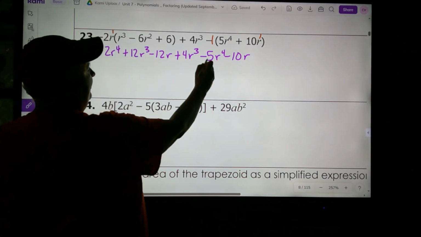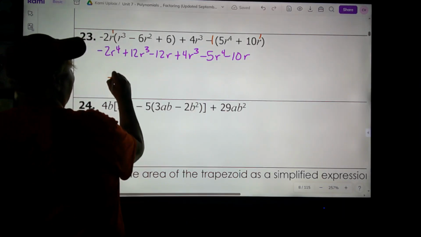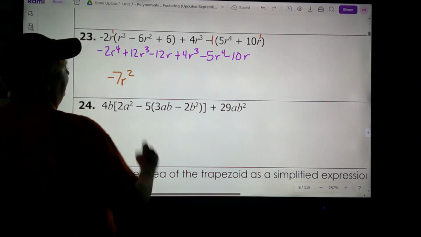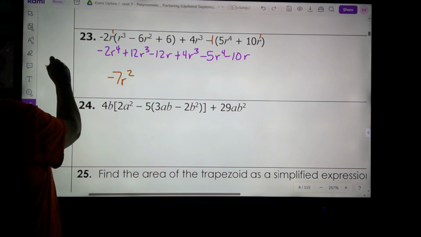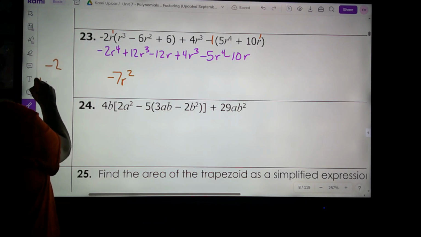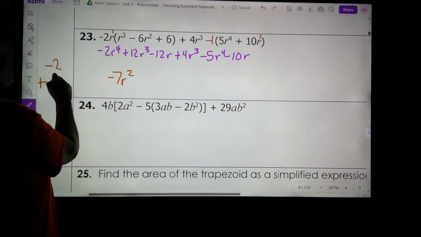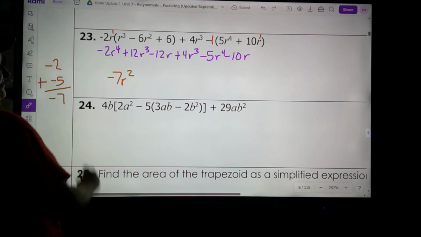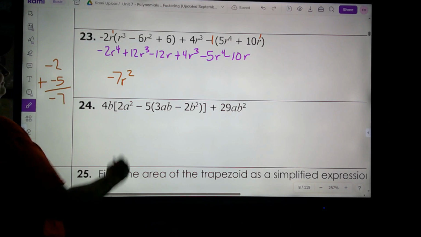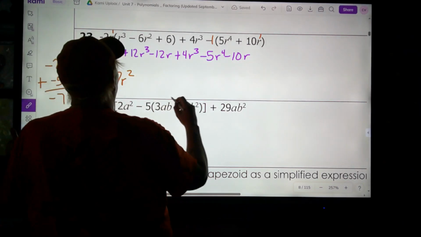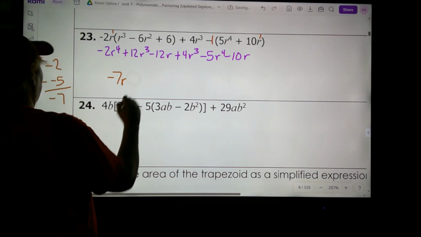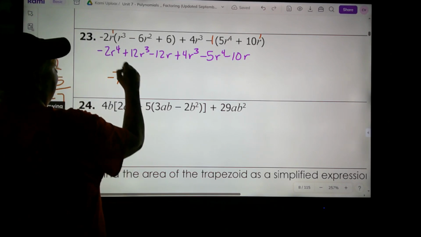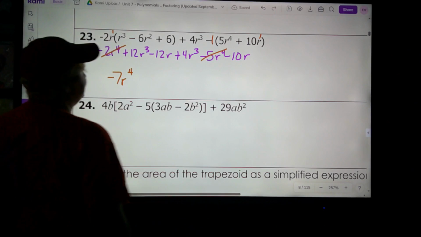Negative 2R minus 5R is negative 7R. Right? Negative 2 plus negative 5 is negative 7. That's supposed to be a 4, y'all. I hope y'all caught it. Highest exponent was a 4.